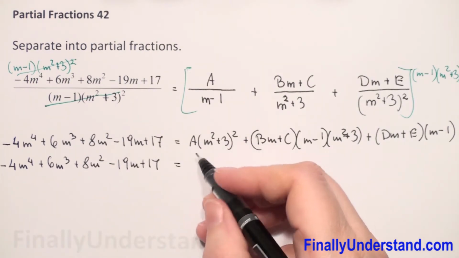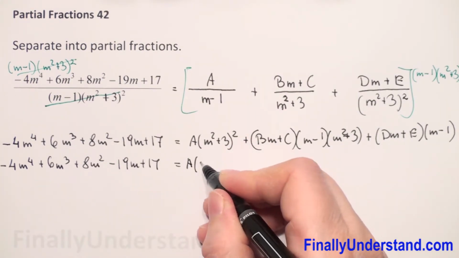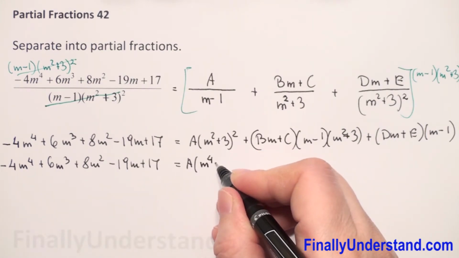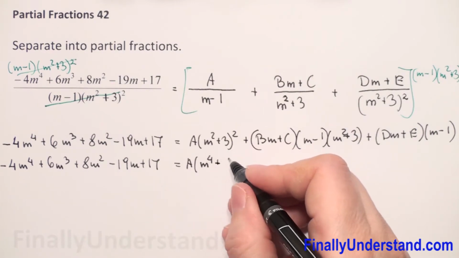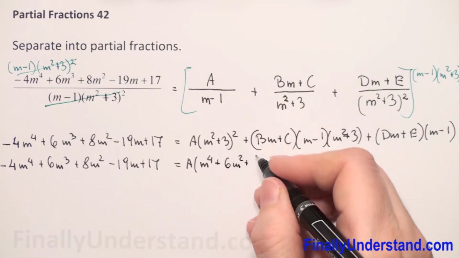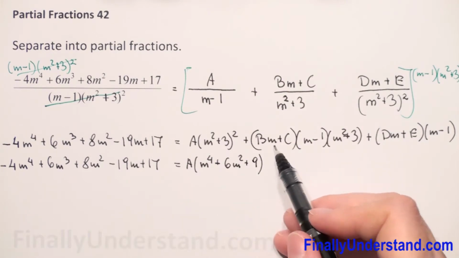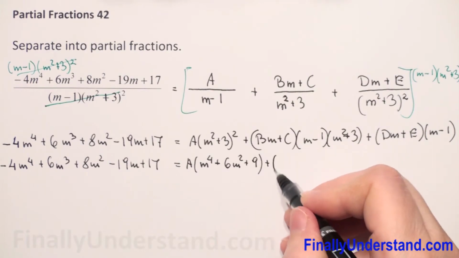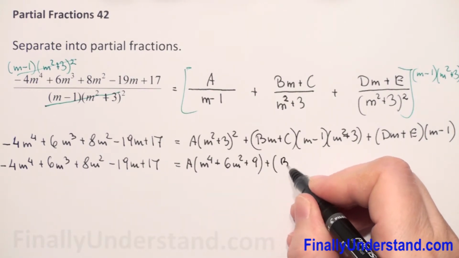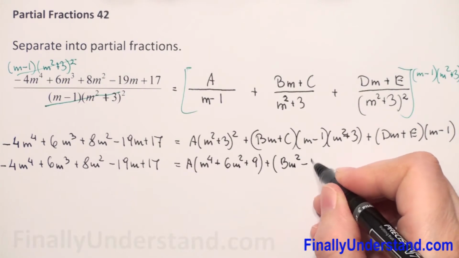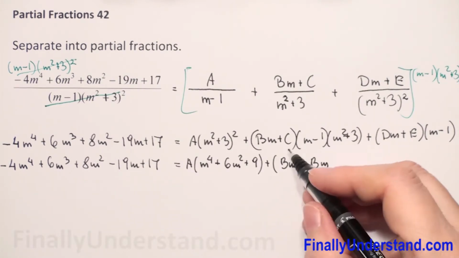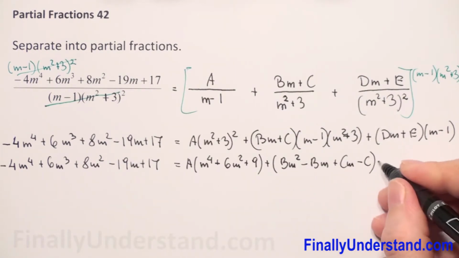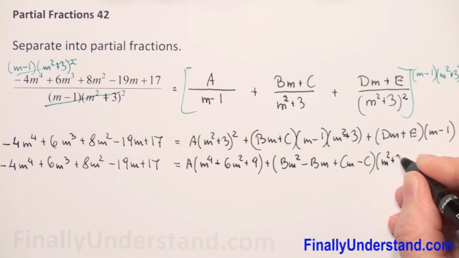First we need to take the expression in parentheses to the second power, so a we rewrite. We have the square of a sum, so the first expression to the second power, n to the fourth power, plus 2 times first times second, so 6n squared, plus 3 to the second power is 9. And now I will multiply these two parentheses, every expression in the first parenthesis by every expression in the second, so bn squared minus bn, and next plus cn, c times negative 1 is negative c, everything times n squared plus 3.